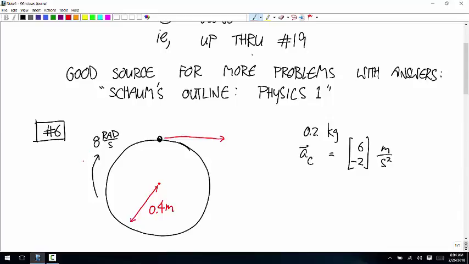We have that relationship that says the speed of the object is equal to the angular velocity times the radius. So 8 times 0.4 would give you the speed, and then the direction is like this.